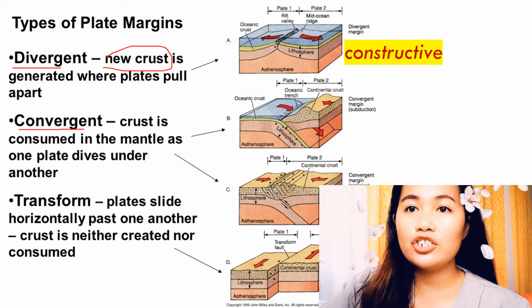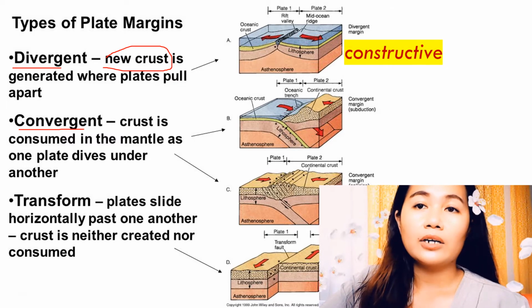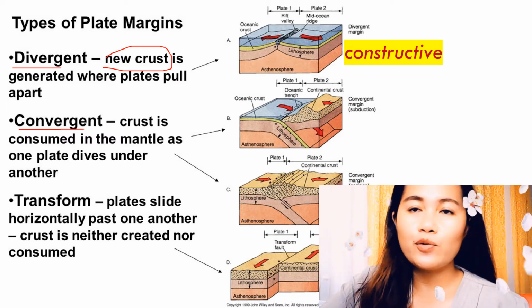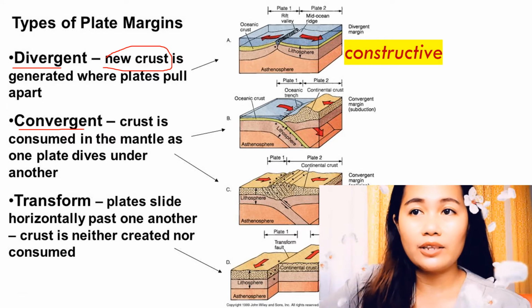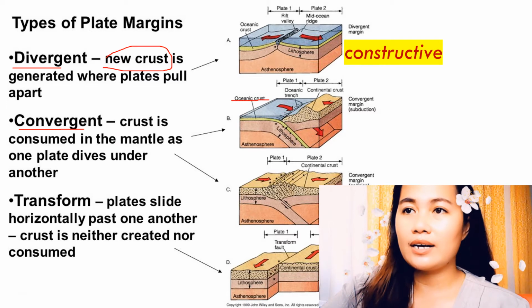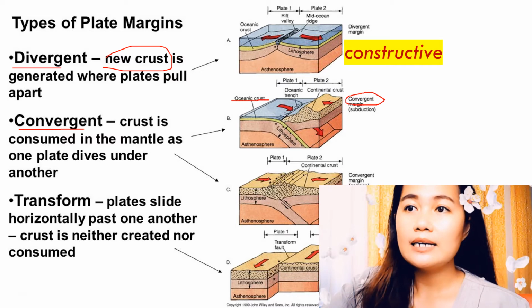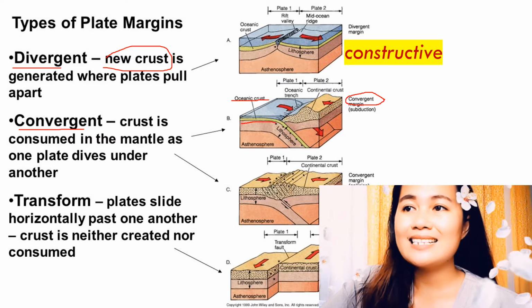Si convergent, kay magbangga man ang duha ka plates, the crust is consumed in the mantle as one plate dives under another. So, parehaning figure B. Si oceanic crust, because it is denser, kung badong siya mo bangga ni convergent plate, si oceanic crust, it will subduct down.